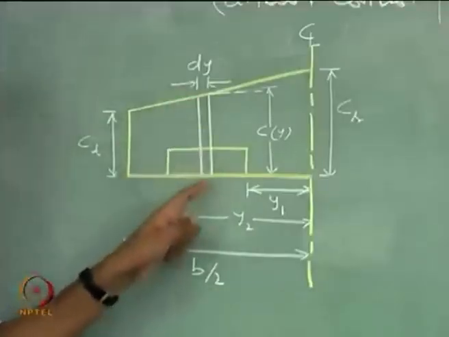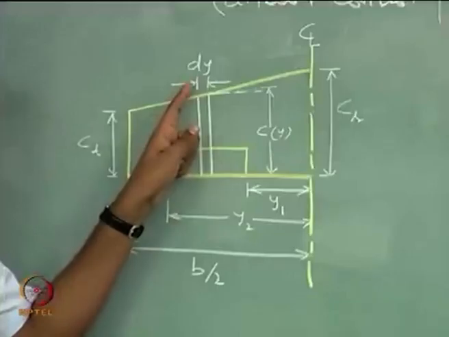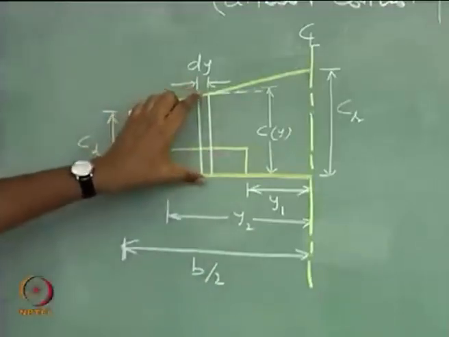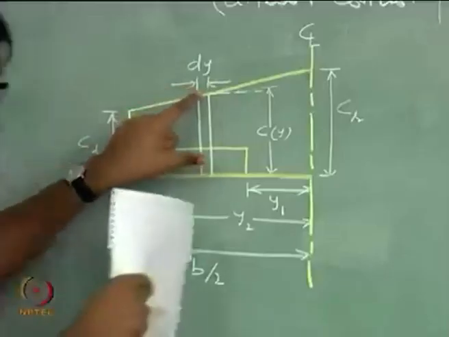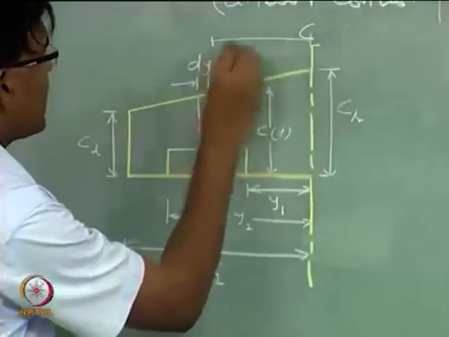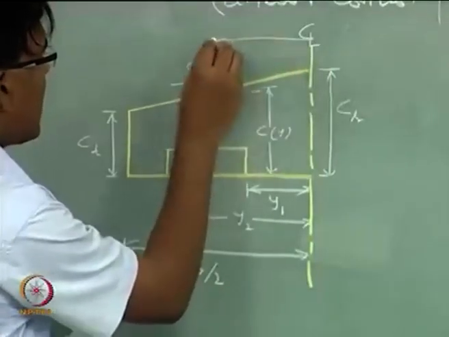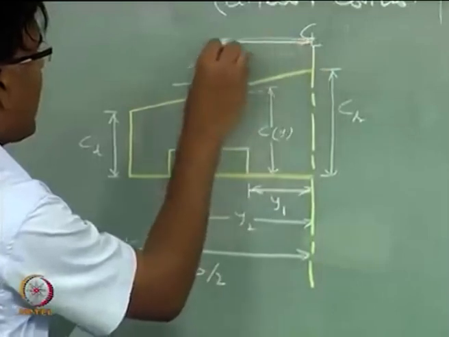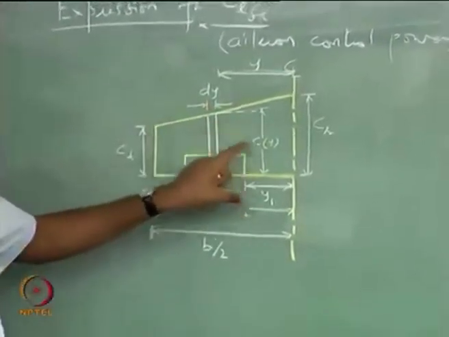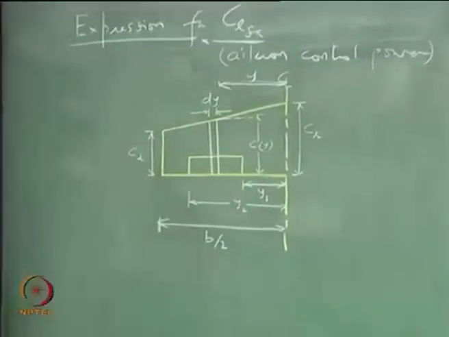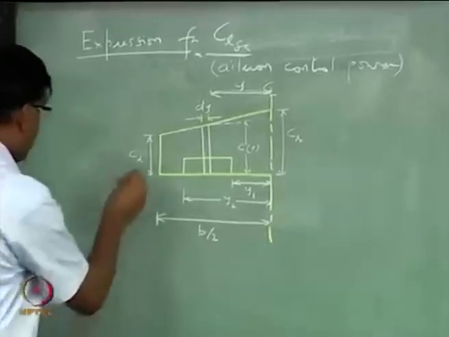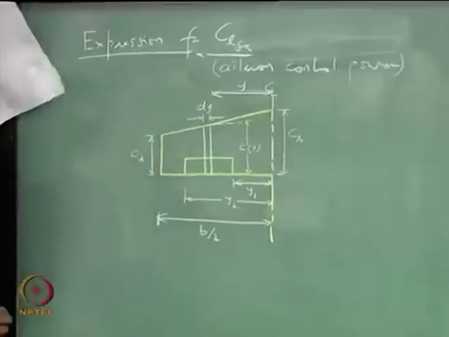The chord length of this particular airfoil section, which is at a distance y from the center line, is Cy. It is going to vary because there is a taper. The wing gets tapered.